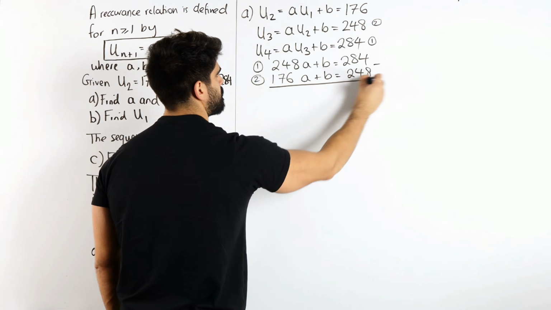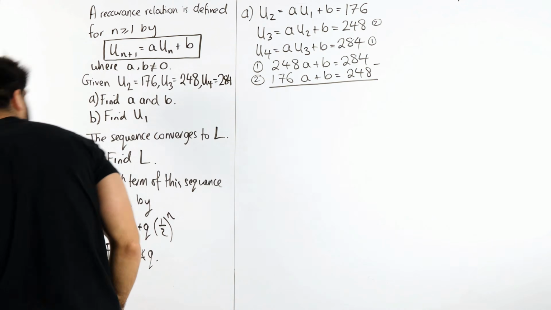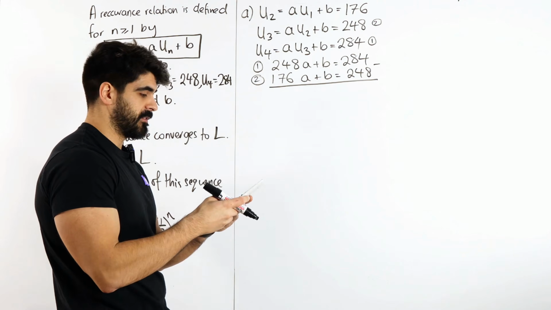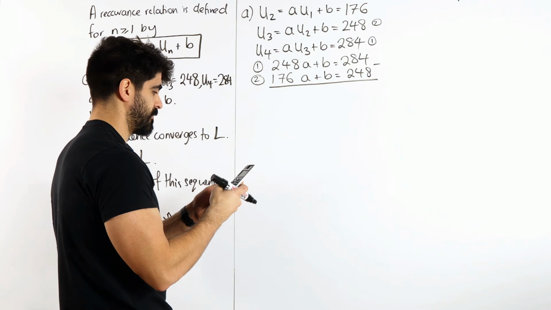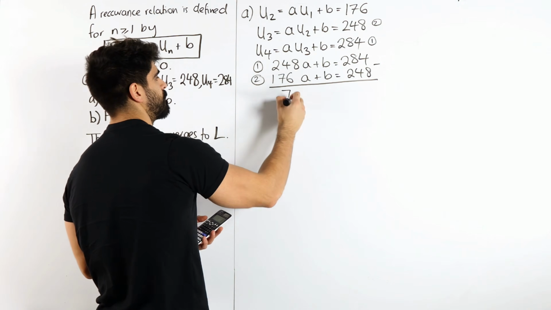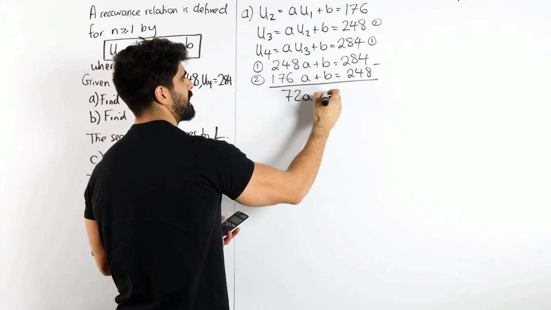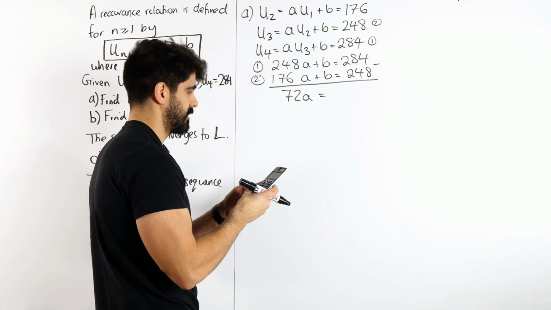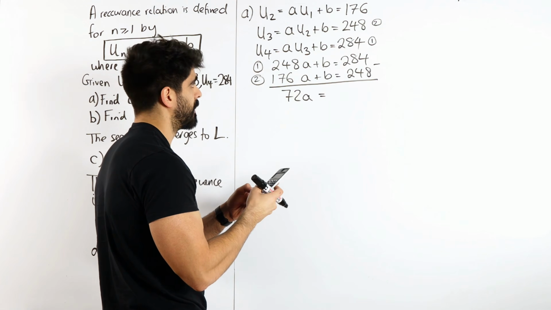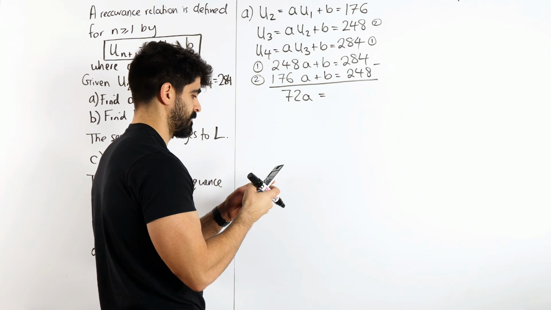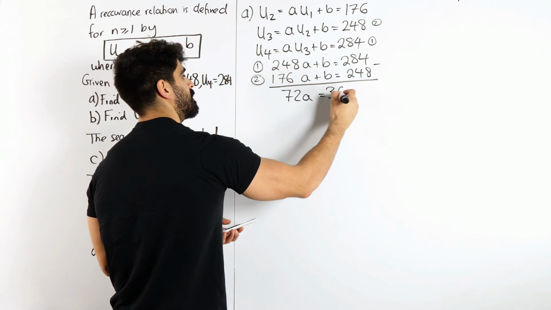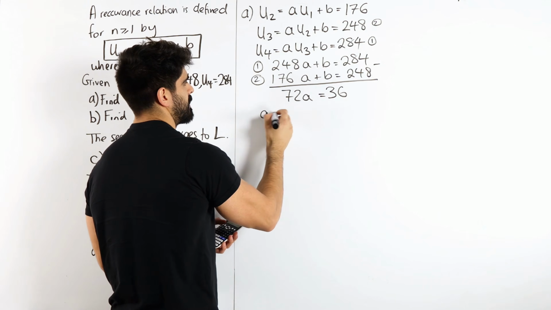Subtract them. Now, I don't trust myself here. I make way too many videos to trust my mental arithmetic. So we get 72a, the b's cancel, is 284 minus 248, which is 36. Beautiful, mate. So a is a half.